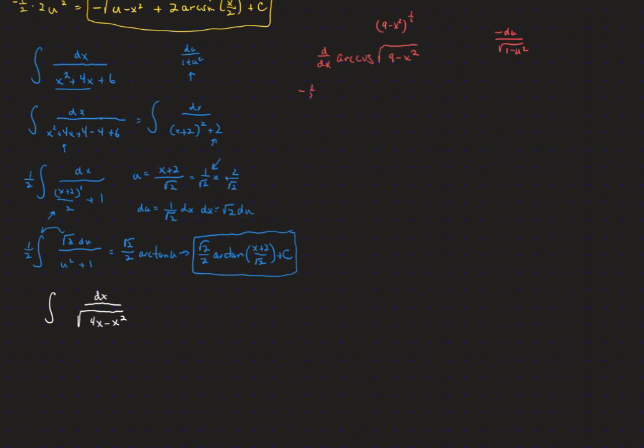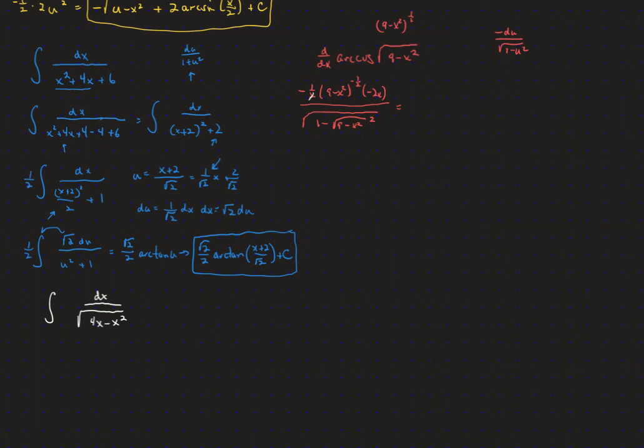So we have a chain rule derivative, 1/2 times 9 minus x squared to the negative 1/2 times the derivative of the inside function, which is going to be a negative 2x. All of that is du over, and then we've got the square root of 1 minus u squared, which is the square root of 9 minus x squared, squared. Okay, now the calculus is done, but our algebra is only just beginning.